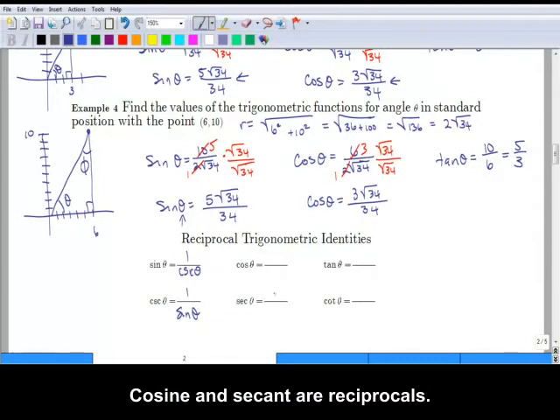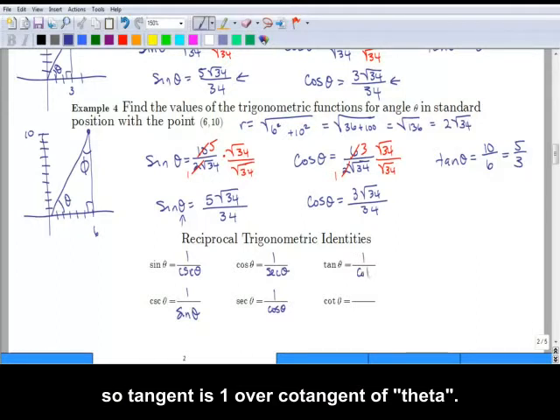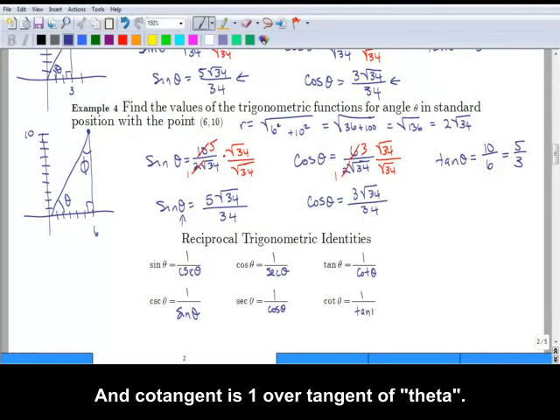Cosine and secant are reciprocals, so secant is 1 over cosine of theta, cosine is 1 over secant of theta, and finally tangent and cotangent are reciprocals, so tangent is 1 over cotangent of theta, and cotangent is 1 over tangent of theta.